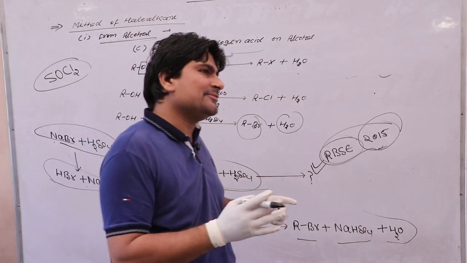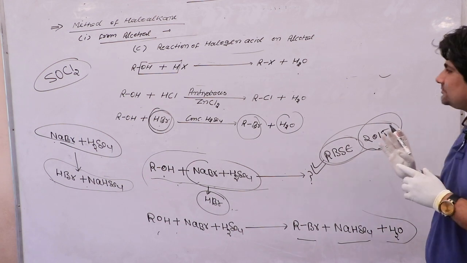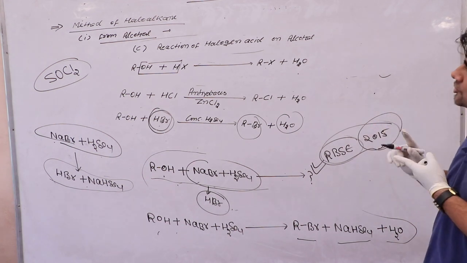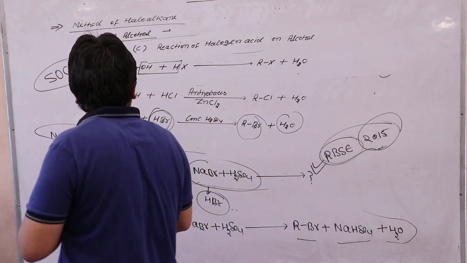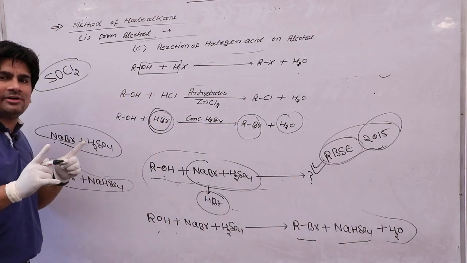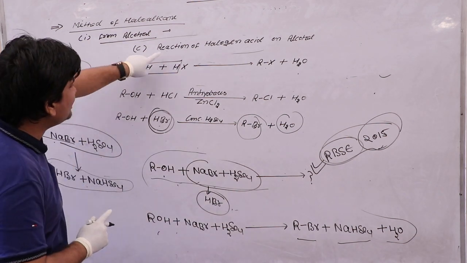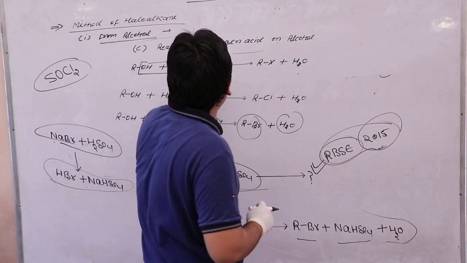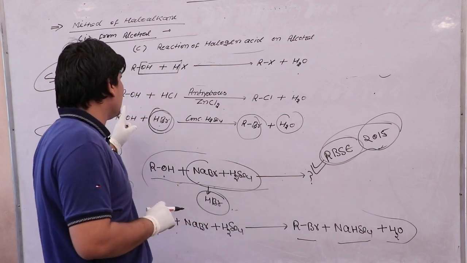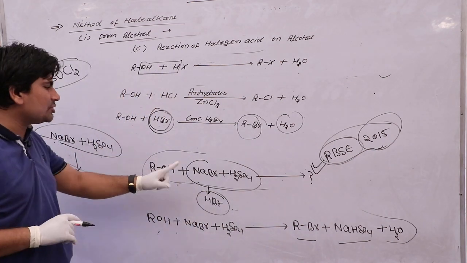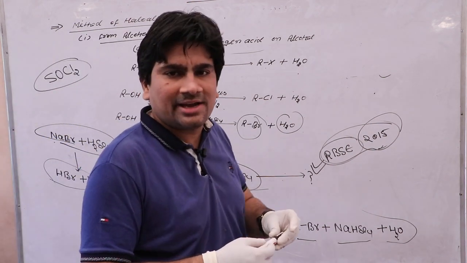Today we studied first the reaction of thionyl chloride giving alkyl chloride, and next the reaction of halogen acid on alcohol. This question is most important in RBSE 2015. Okay, bye.